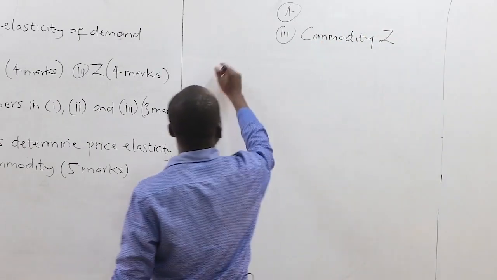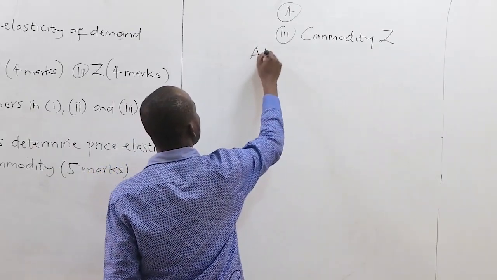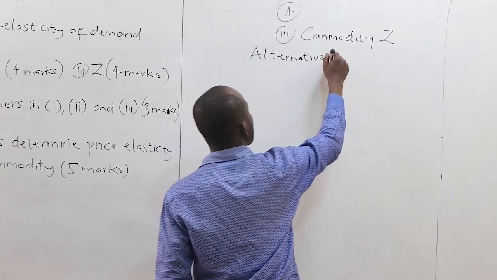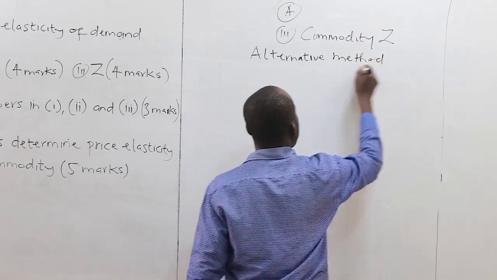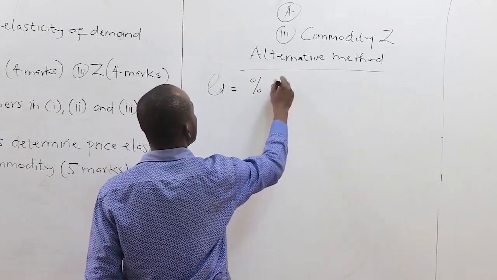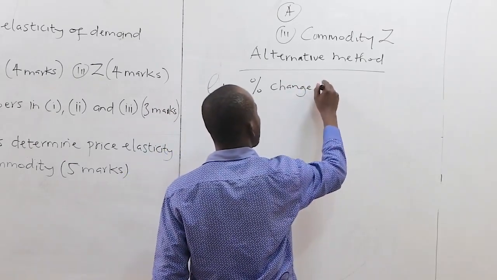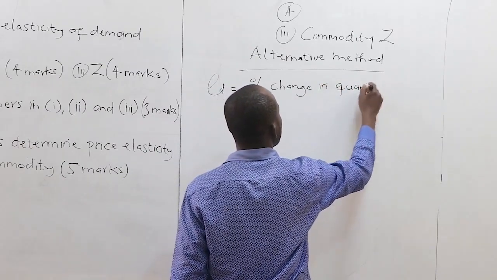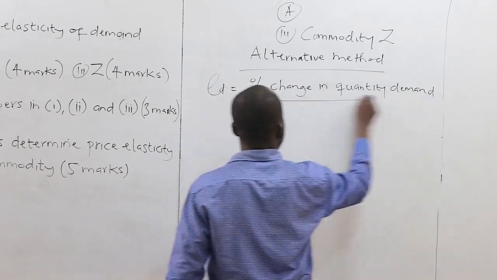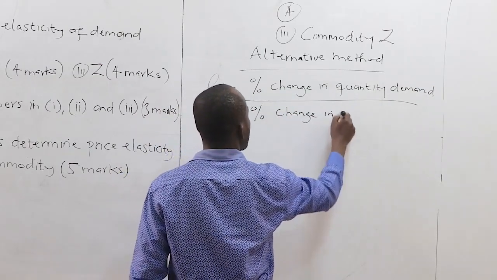So the elasticity of demand, alternative approach, alternative method. The elasticity of demand with respect to commodity Z is equal to percentage change in quantity demand over percentage change in price.